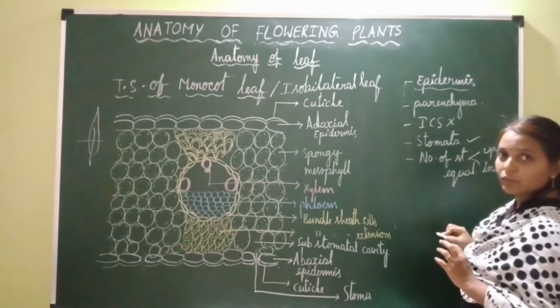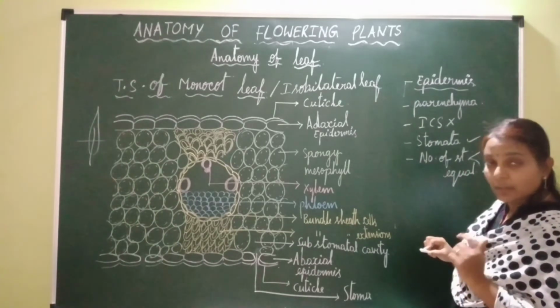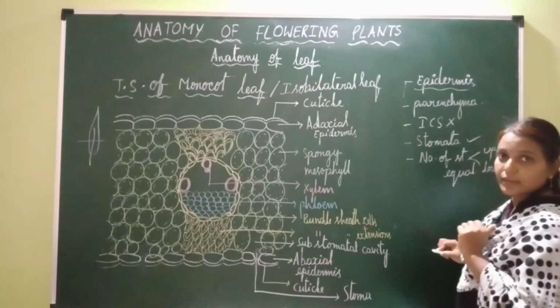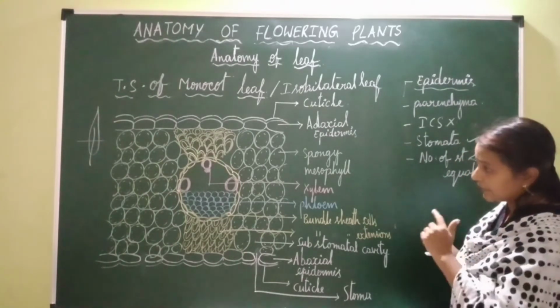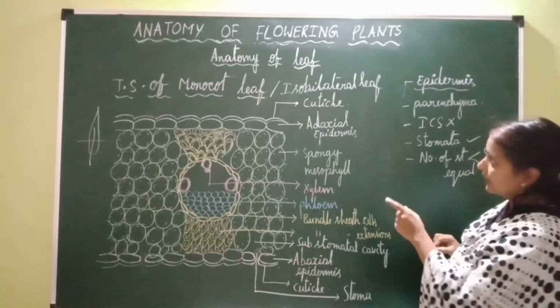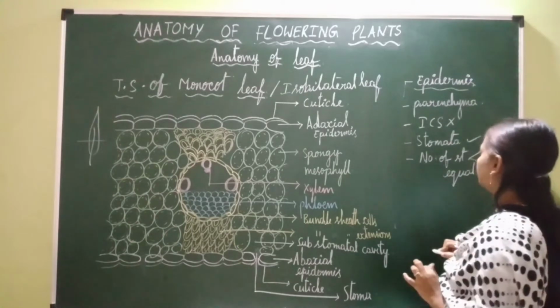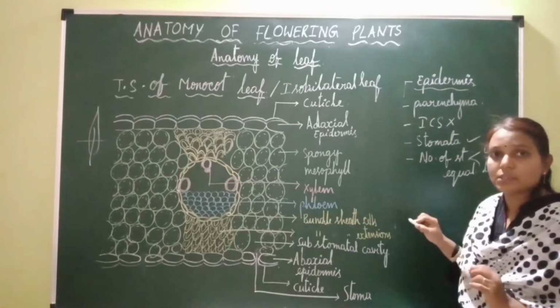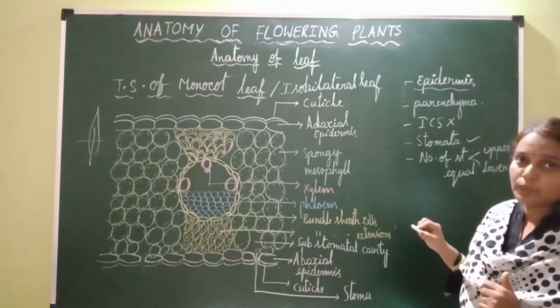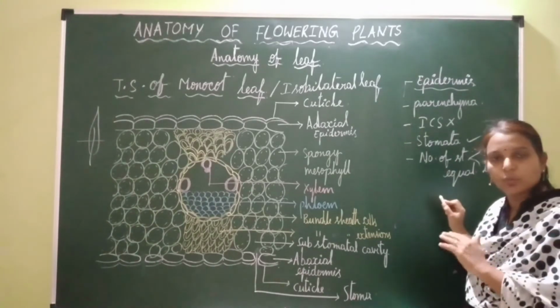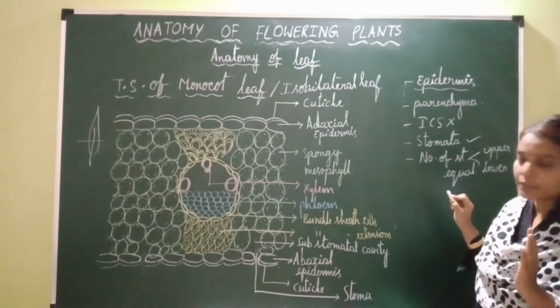This is one of the reasons this monocot leaf is called isobilateral leaf, along with other reasons. At the end of this lecture, I will give you why this monocot leaf is called isobilateral leaf. So one reason is the presence of an equal number of stomata on both upper and lower epidermis, right?